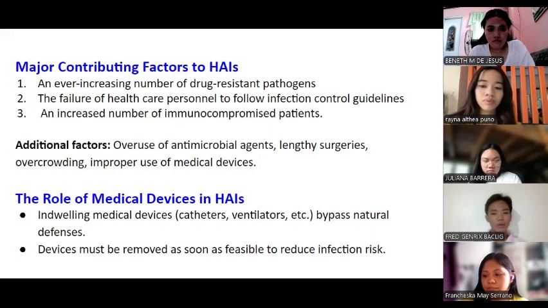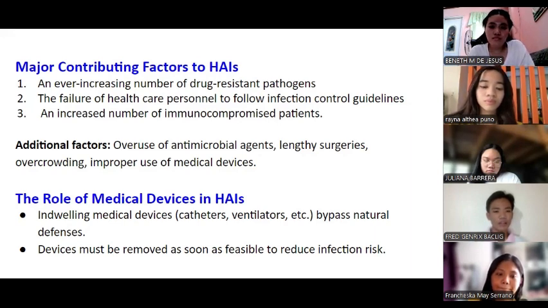Immunocompromised patients are less able to fight infections, making them more prone to healthcare-associated infections. With an increase of patients in this category, hospitals must implement extra precautions to prevent infection. Even a minor exposure to a pathogen can result in a severe and life-threatening infection to these patients.